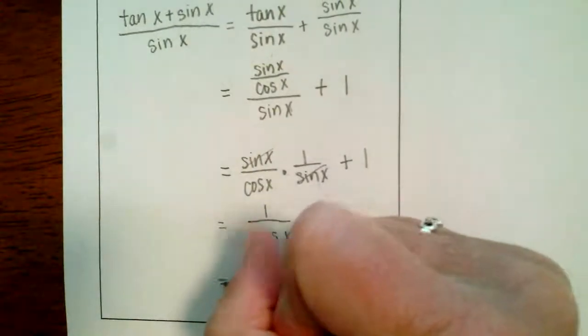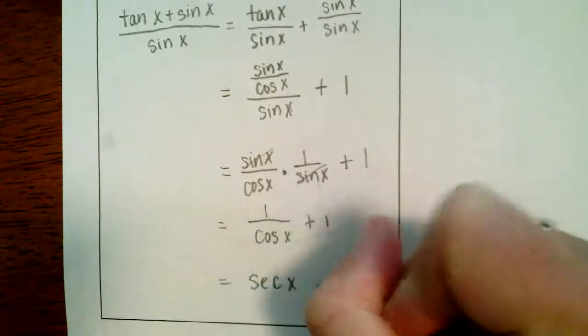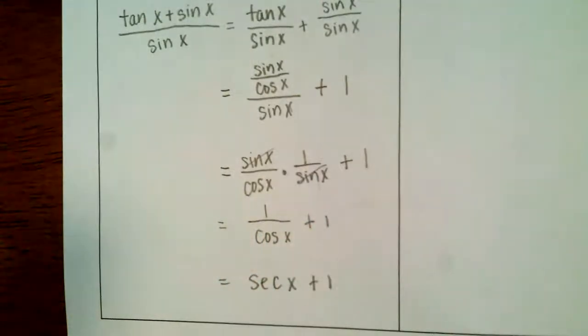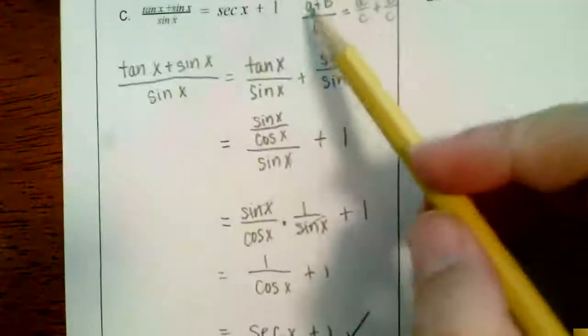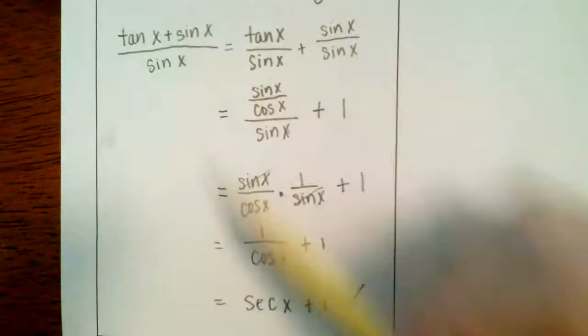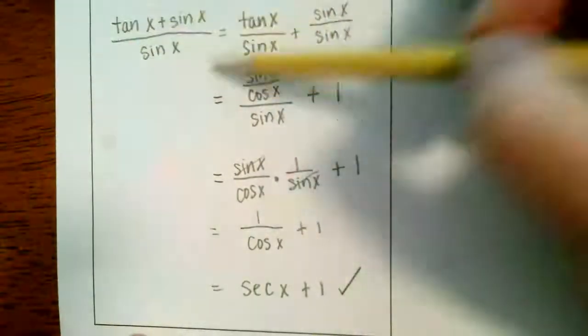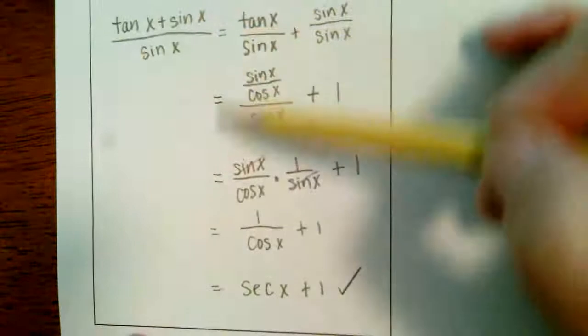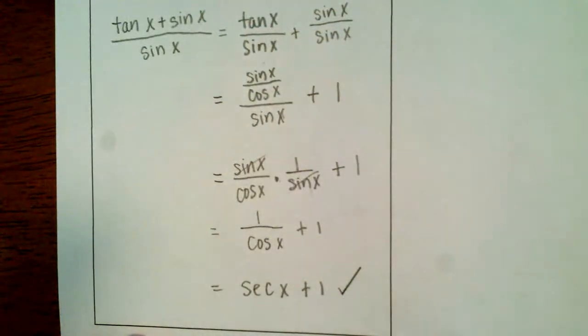And I remember that 1 over cosine of x is equal to the secant of x, plus 1. So now I came back to where I wanted to be, and I showed that both sides are equal. Okay, again, quickly formatting. My starting point, my equal bars are all lined up, my ending point, and a check.